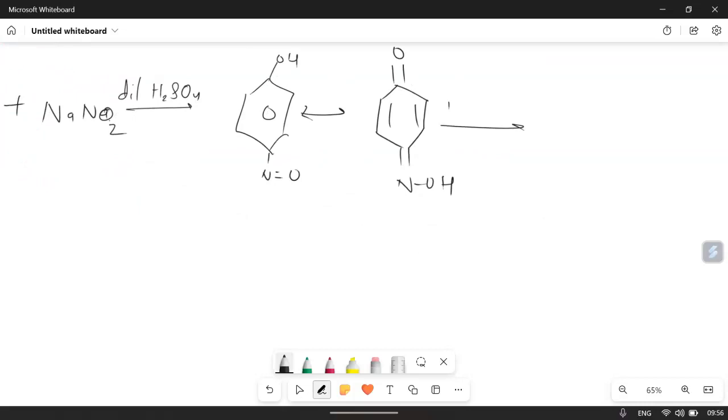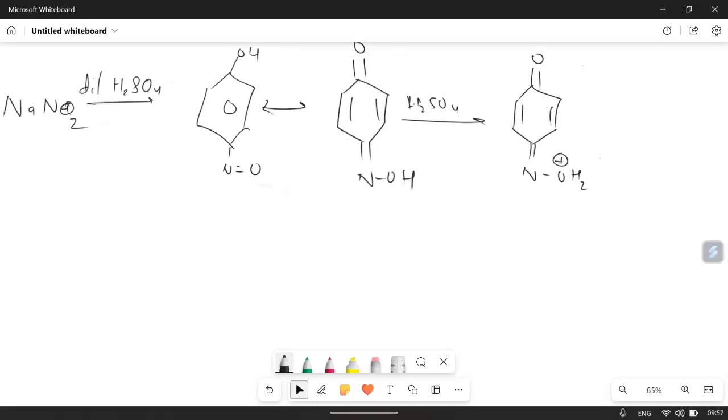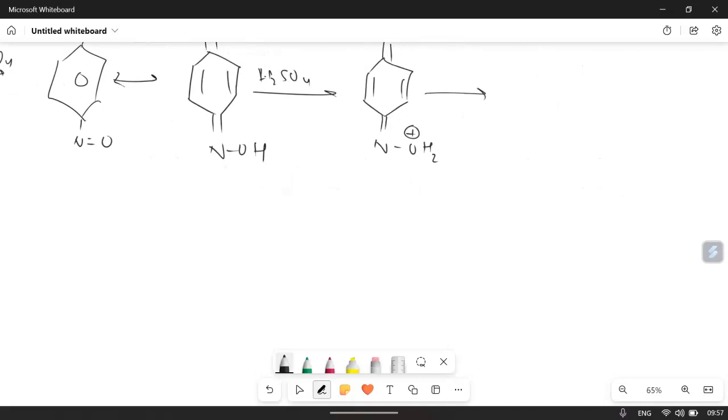Then H2SO4 will act on it, and it will form O=N-OH2 plus. A water molecule will be removed in this process, and it will form N positive, and then phenol will attack on it.